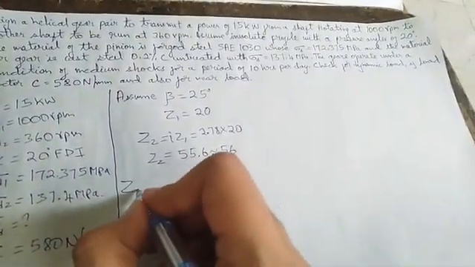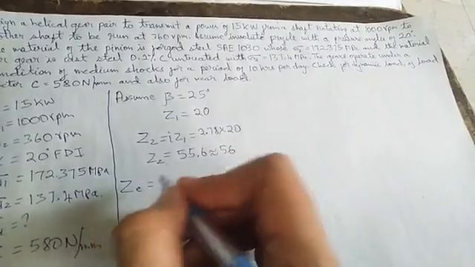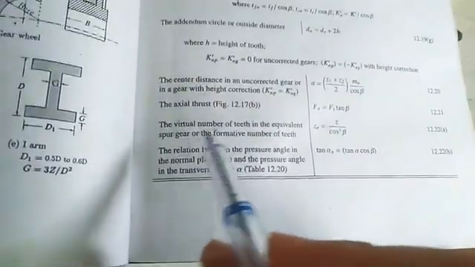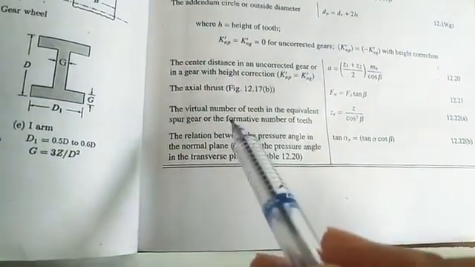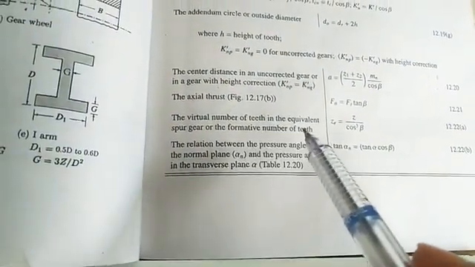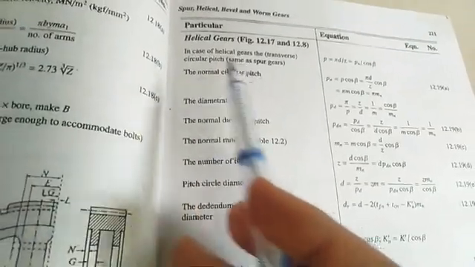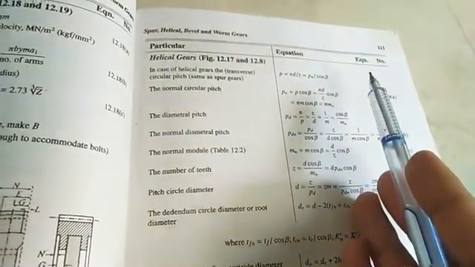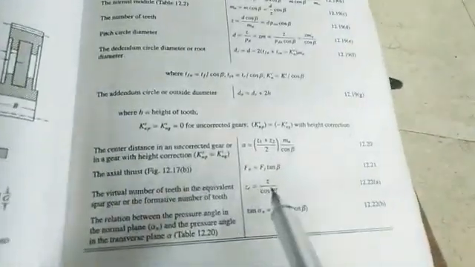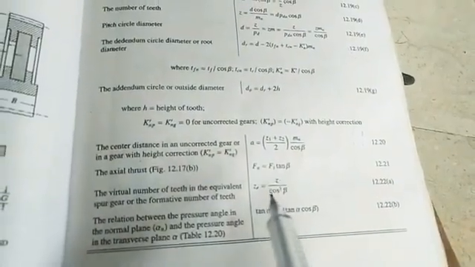And now we shall find the virtual number of teeth from the data handbook. The virtual number of teeth is the equivalent number of teeth, or the formative number of teeth. So here, this is a helical gear, page number 211. Z_E is equal to Z by cos cube beta.